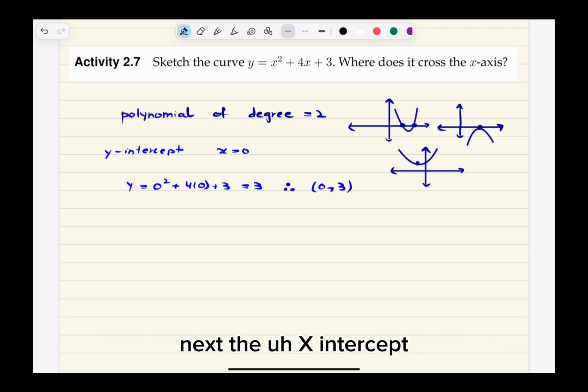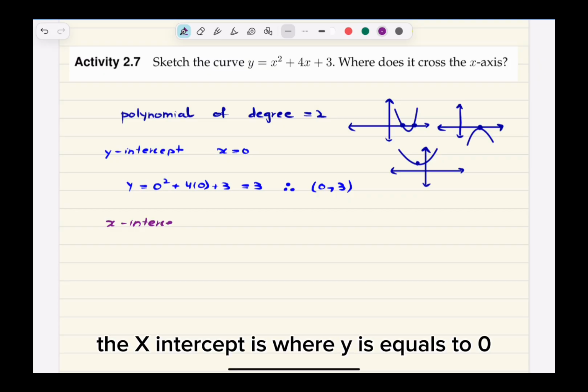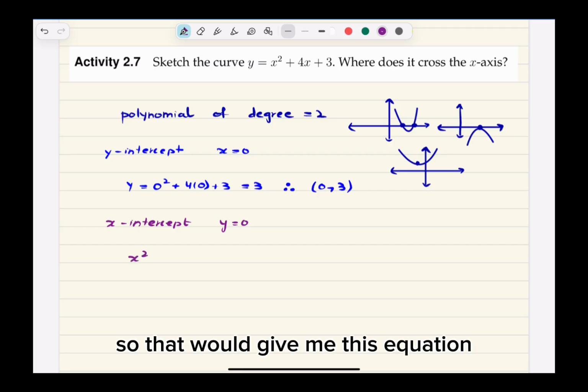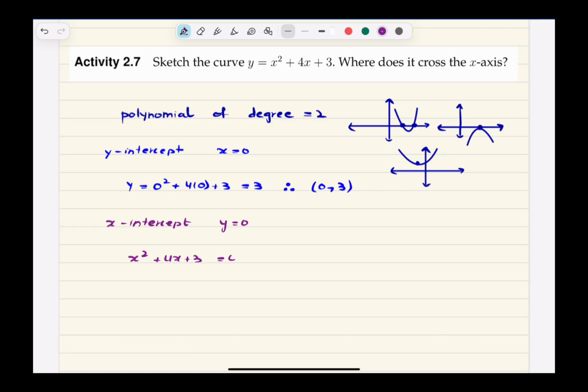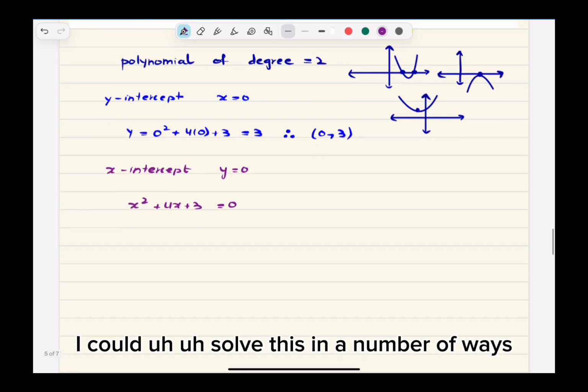Okay, next, the x-intercept. The x-intercept is where y is equal to 0. So that would give me this equation. At this point, I could solve this in a number of ways.